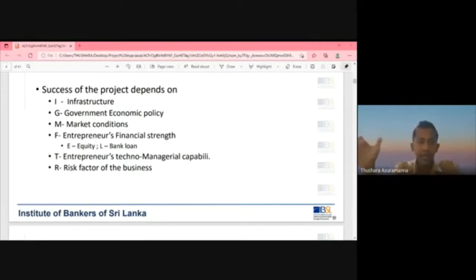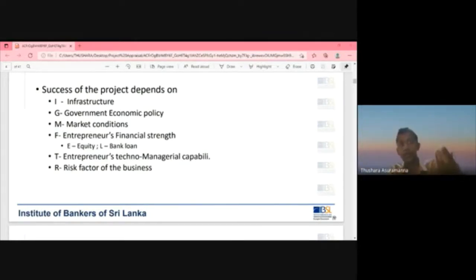There should be adequate communication facilities, like telecommunication and internet. Water and electricity should be within or around the site, so you can tap those things for your project. But if there is no 3-phase electricity in that area, then you fail in terms of getting the infrastructure. You understand my point?